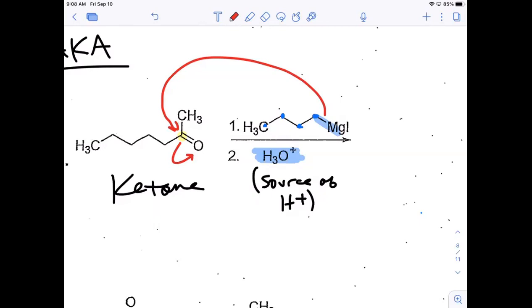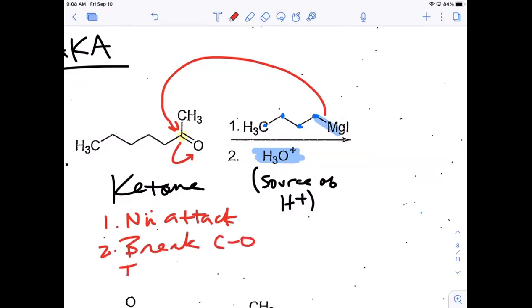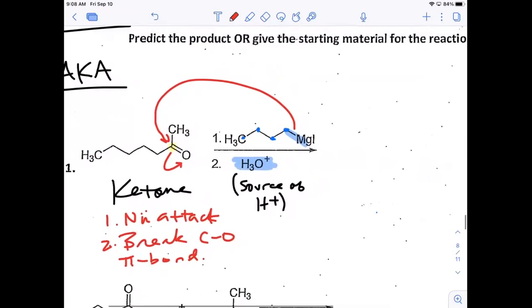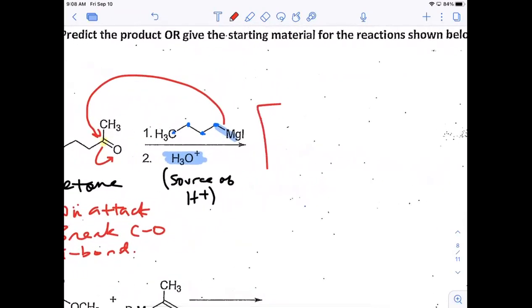The nucleophile is going to attack the carbonyl carbon, and you're going to break the C=O pi bond. Right, break the carbon oxygen pi bond. So you're going to get the intermediate, and I'm going to put it in brackets.